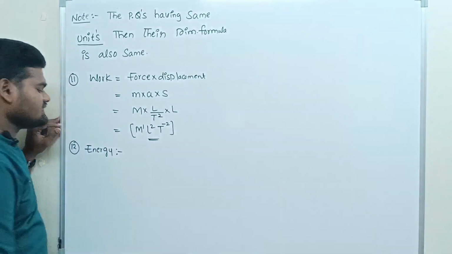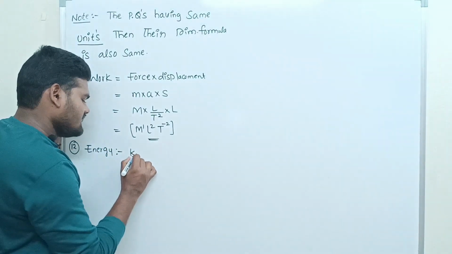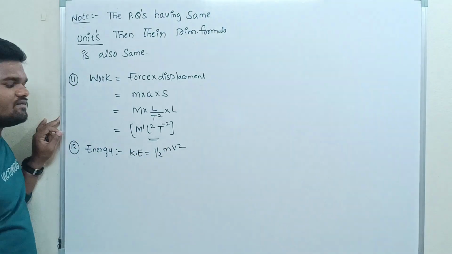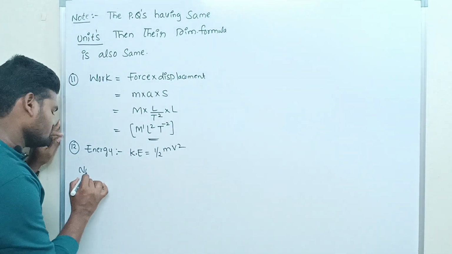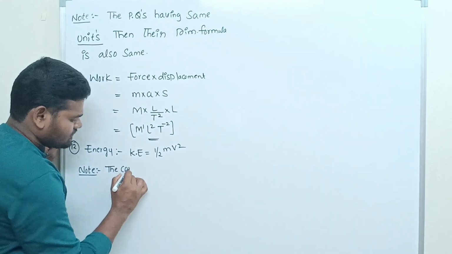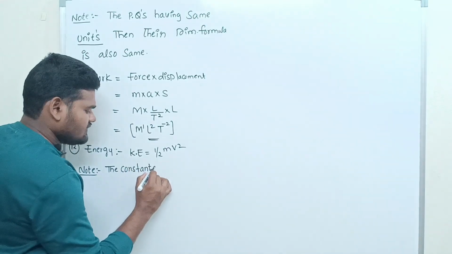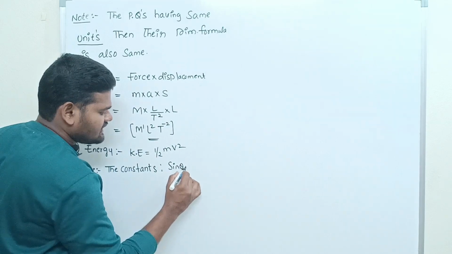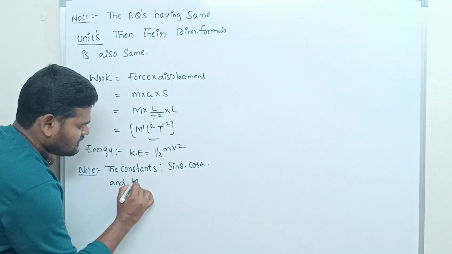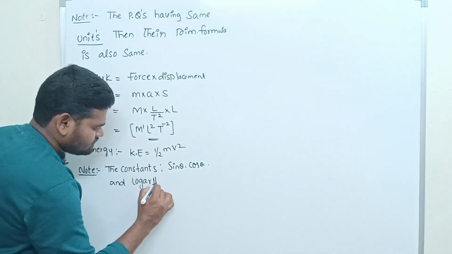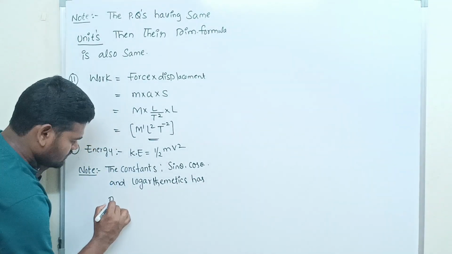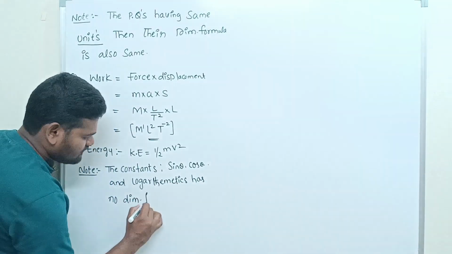So whatever it is, kinetic energy or potential energy, I am taking kinetic energy. So what is kinetic energy? Kinetic energy is equal to half mv square. Okay, note. So what is the note? The constants, trigonometric functions like sine theta, cos theta, and so on, and logarithms have no dimensional formula.